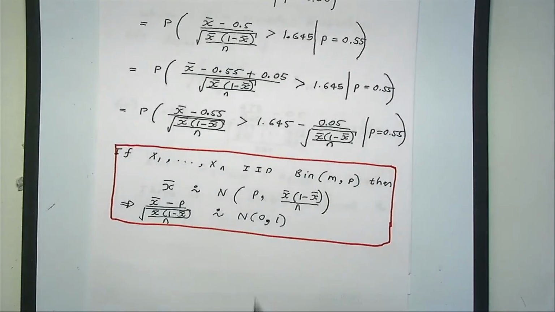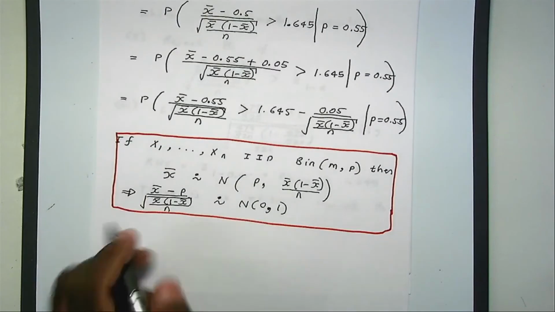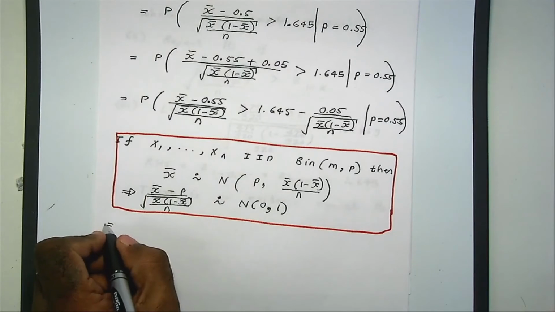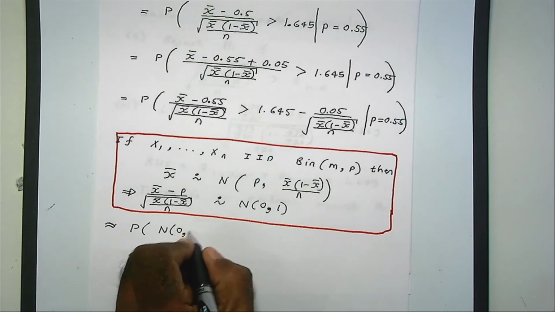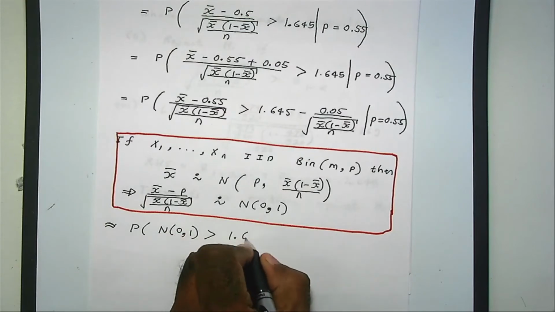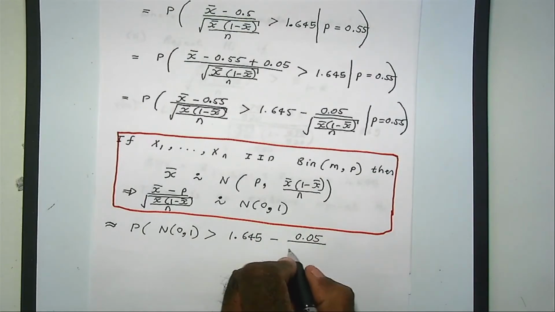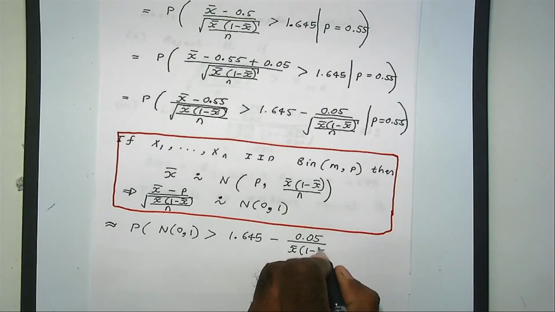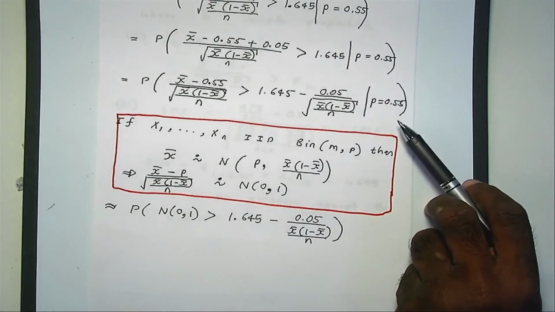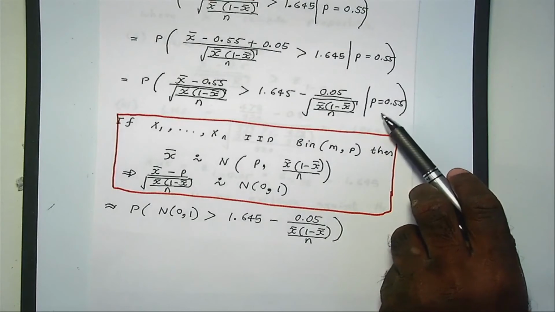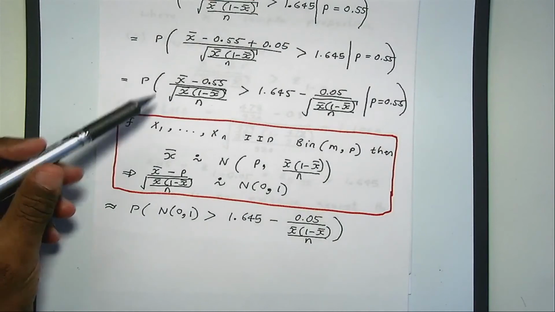So using this fact, I can say that the left-hand side has an approximate standard normal distribution greater than 1.645. Now we don't need the conditioning here anymore, because we have used the conditioning to argue that this has an approximate standard normal distribution.